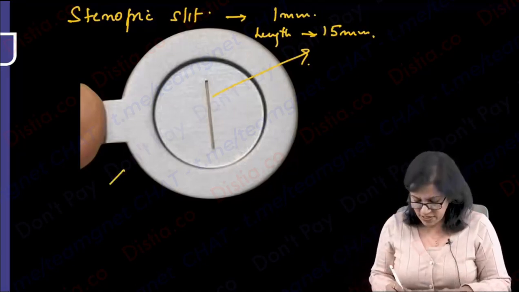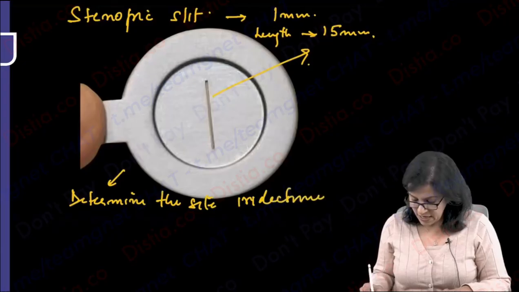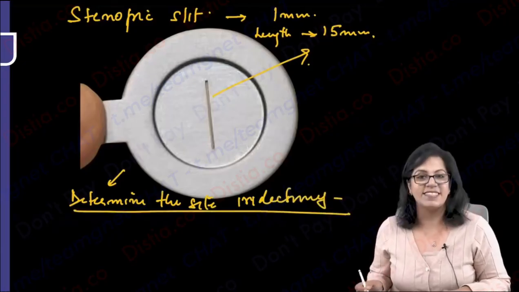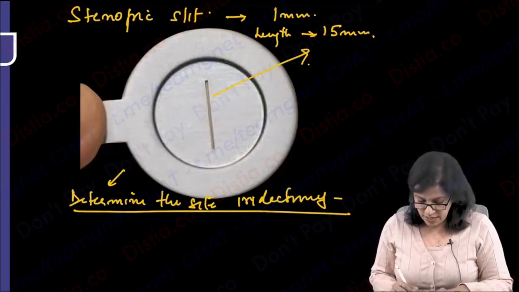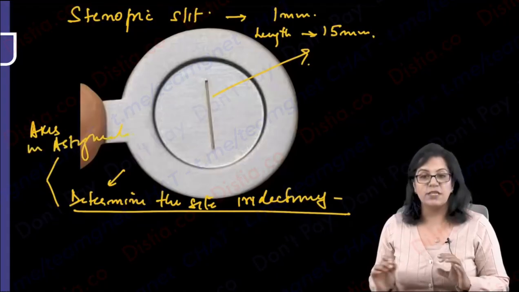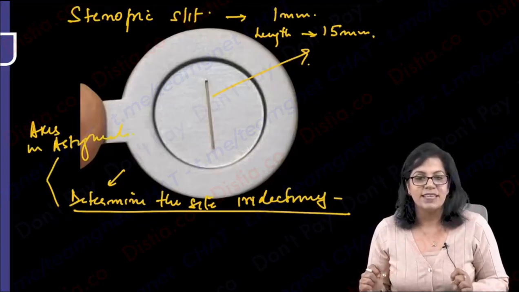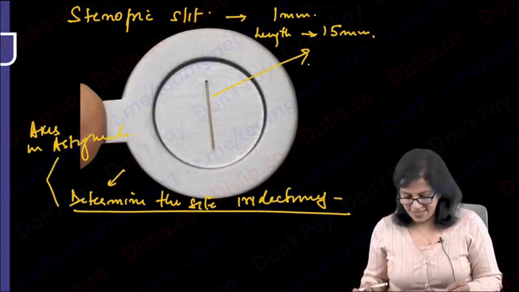So generally it is done to determine the site of iridectomy. If I have to do an iridectomy, I should know where the vision is best. Also, it helps in determining the axis in astigmatism. So these are some rough assessments, of course, but you should know what the stenopaic slit can be used for, right? Okay.